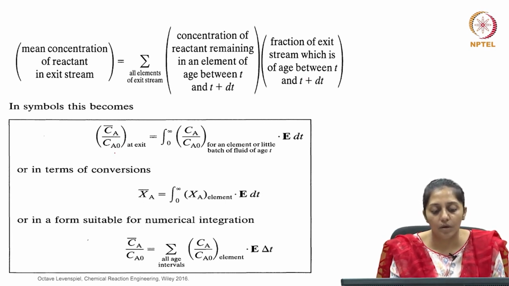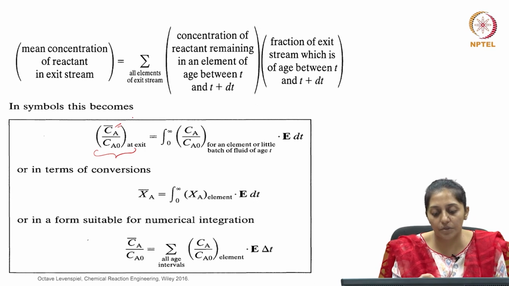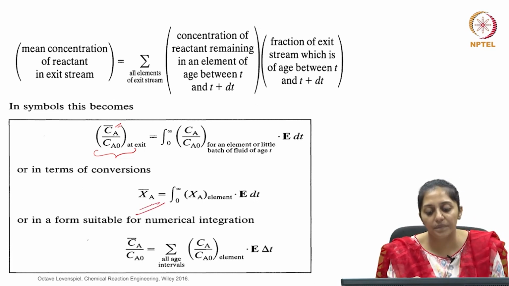So now in terms of symbols and the mathematical form, Ca prime by Ca naught, at the exit, is the fraction of conversion, which is called Xa. It is the integral from 0 to infinity over all the elements of the exit stream.